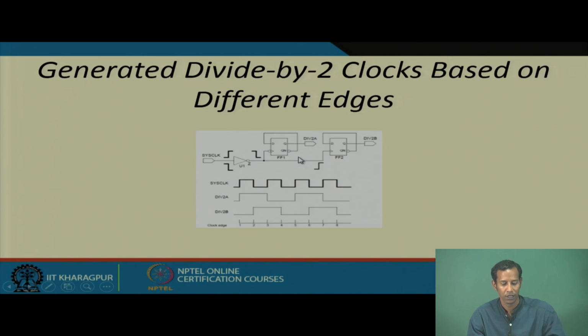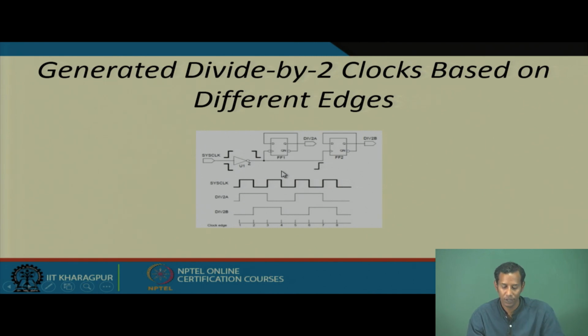Okay. Now, how can you generate divide by 2 clocks based on 2 different edges? Suppose you have the system clock. Now you pass this system clock through one inverter, which gives the negative-edge clock. Now you pass the clock directly to one of these flip flops, and the inverted clock to the other.